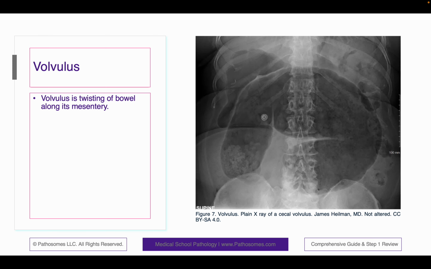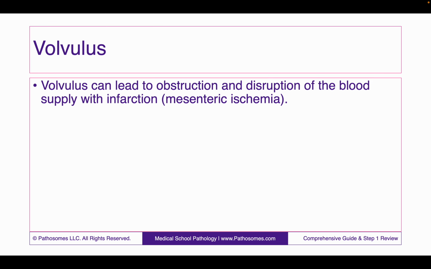Now let's talk about volvulus, okay? Volvulus is twisting of the bowel along its mesentery, as we can see here in this plain x-ray. Volvulus, as you can imagine, due to the twisting, can lead to obstruction and disruption of the blood supply with infarction, right, causing mesenteric ischemia.